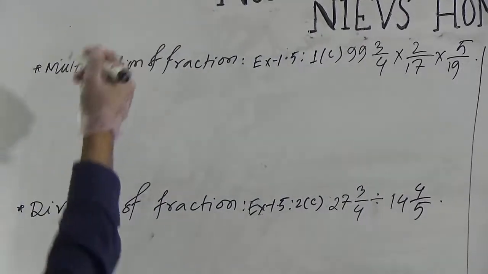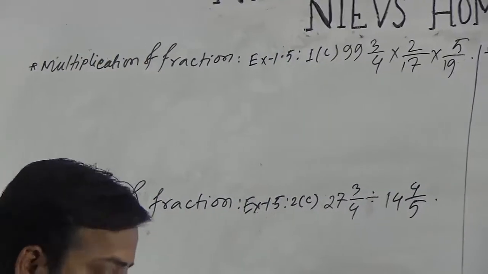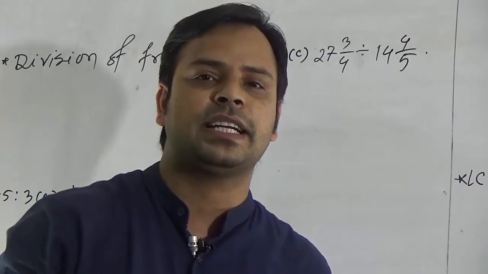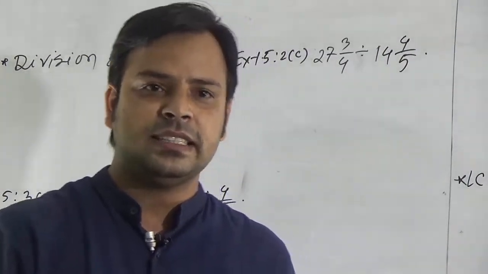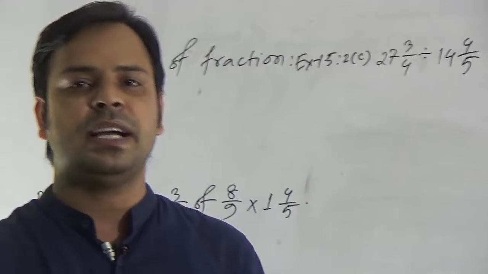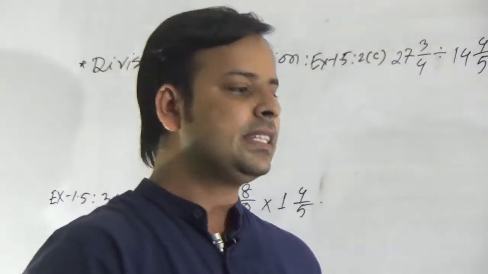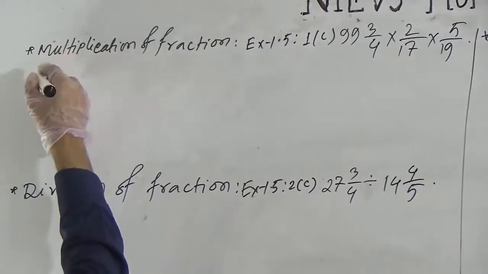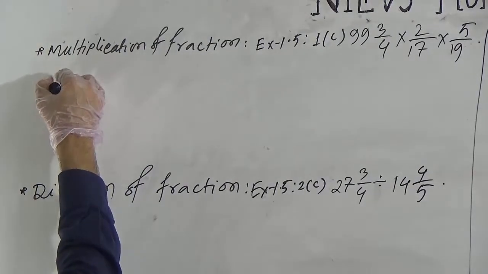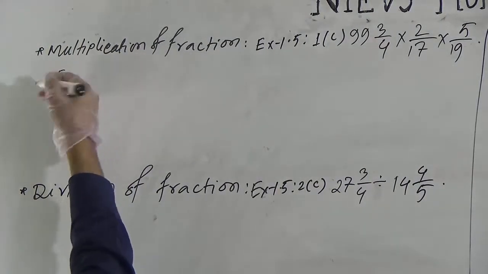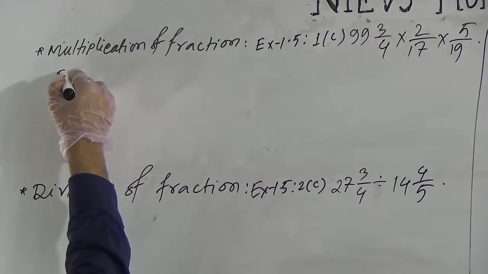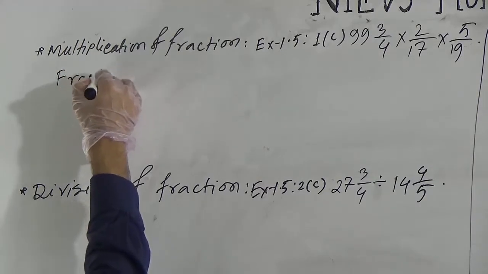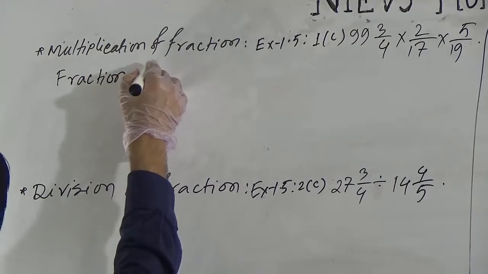Multiplication of fraction. Multiplication of fraction means we can multiply fraction by integer and we can multiply fraction by fraction. So let us see how we can multiply a fraction by integer at first. Fraction multiply by integer.